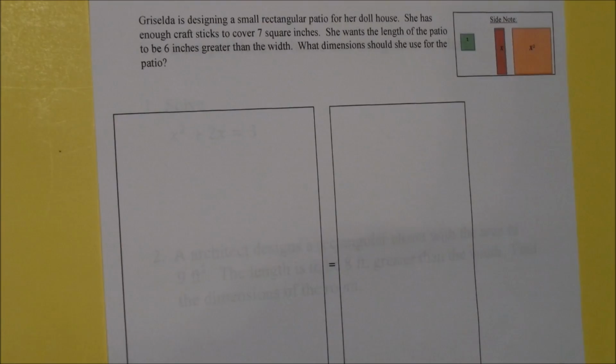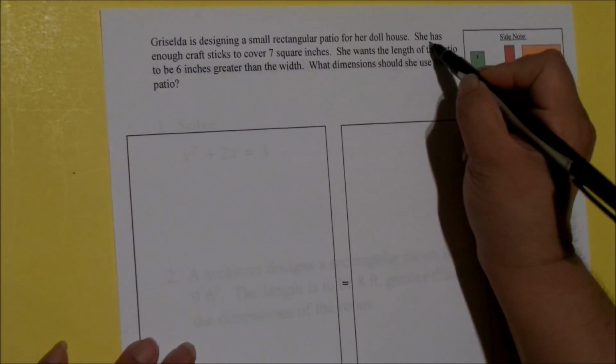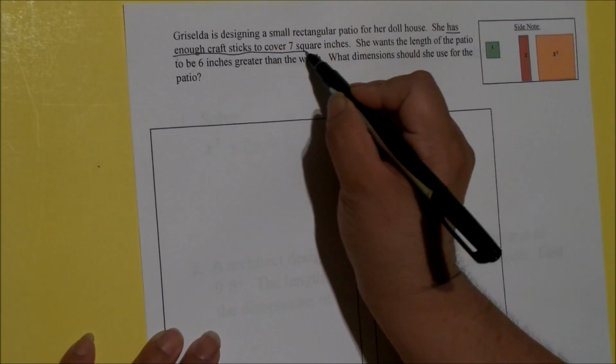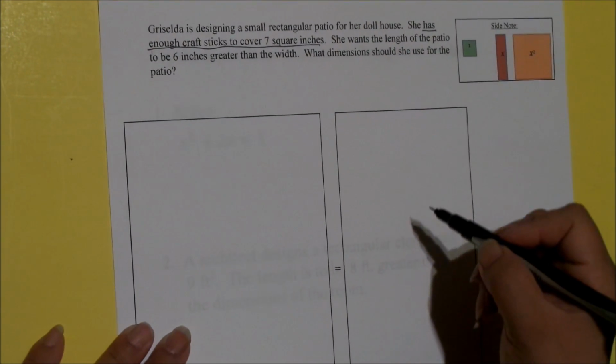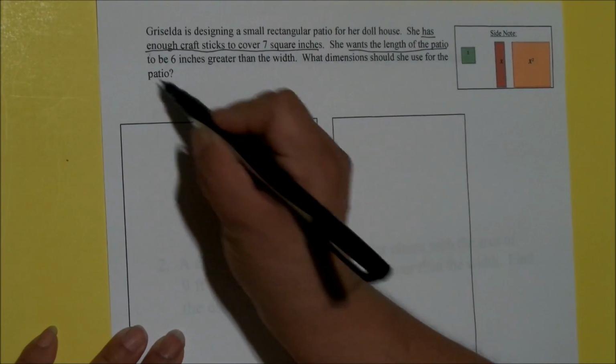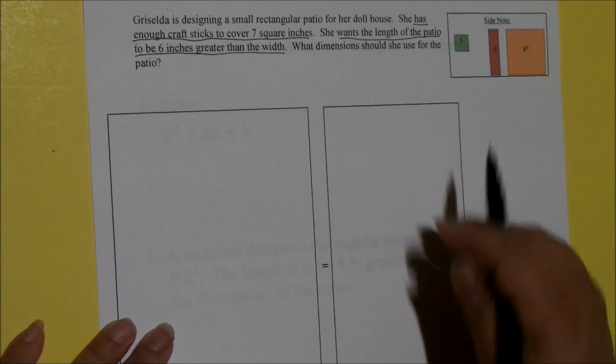What dimensions should she use for the patio? Let's underline the given information: she has enough craft sticks to cover 7 square inches, and the length is 6 inches greater than the width.